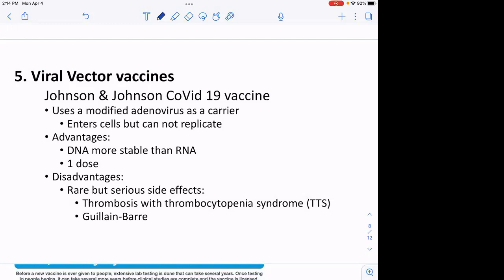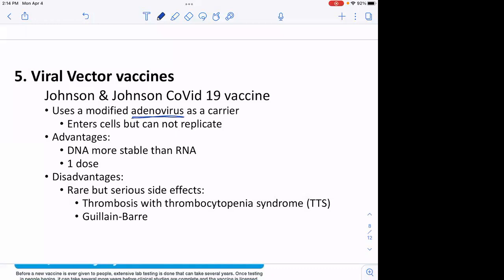I forgot to say that for the RNA vaccine, we use a piece of RNA that encodes for the most antigenic part of COVID-19, the spike protein. As a way to get it into the cell, they've actually used a virus. In this case, we've used an adenovirus as a carrier.